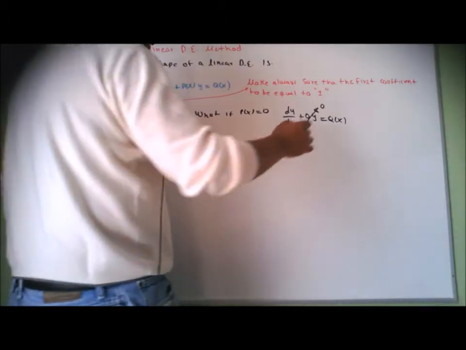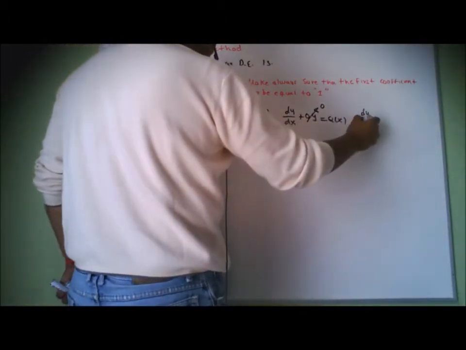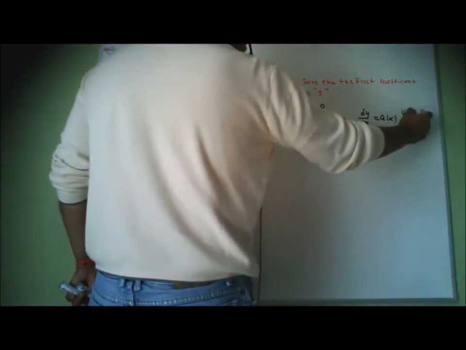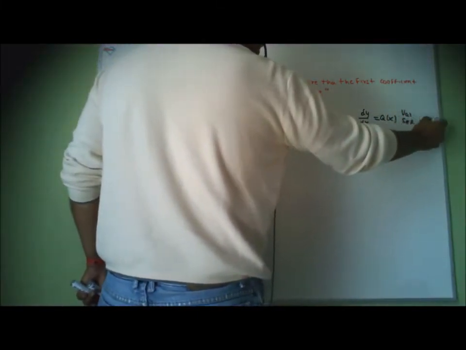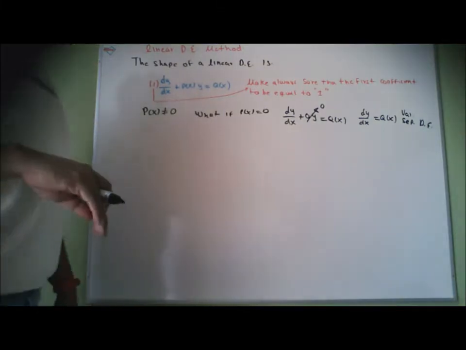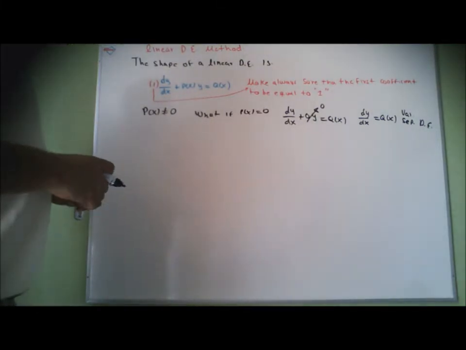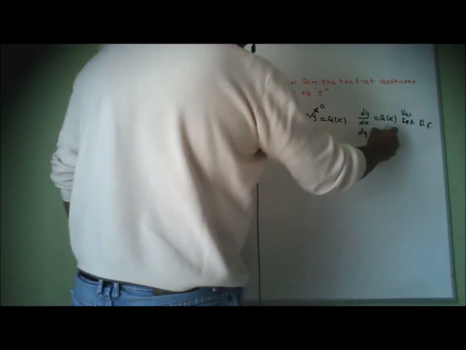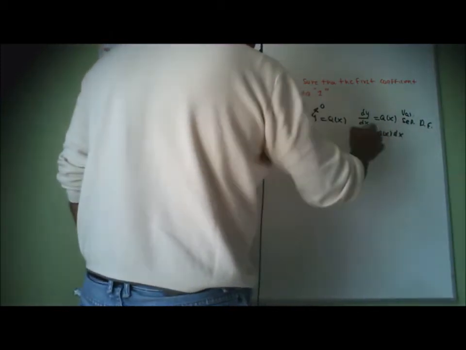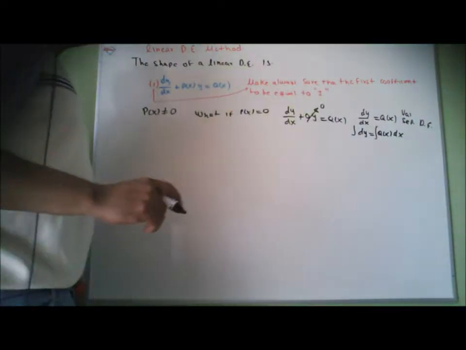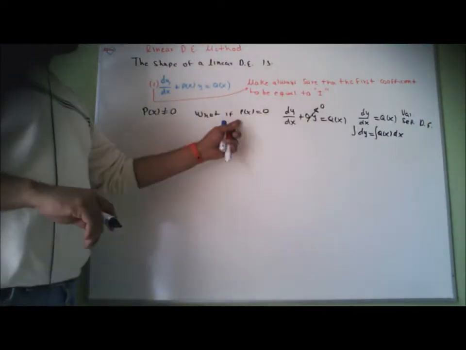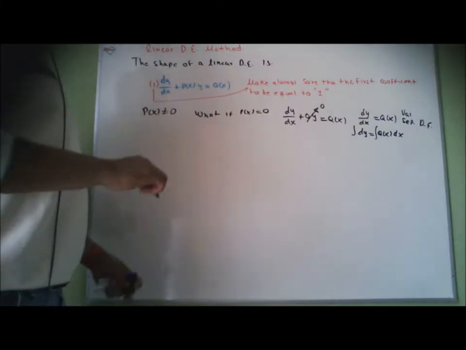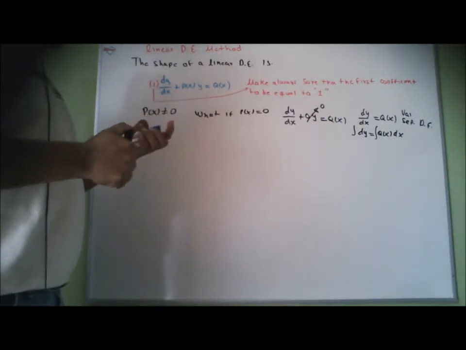So what you have here is the derivative of y with respect to x equal to just q of x, and this is a variable separable differential equation that we can solve like in the previous method. So you can see here the differential of y is equal to q of x times the differential of x, and then you apply the integrals. So that is why we need p of x different than 0, because if it is equal to 0, then it becomes a variable separable differential equation.